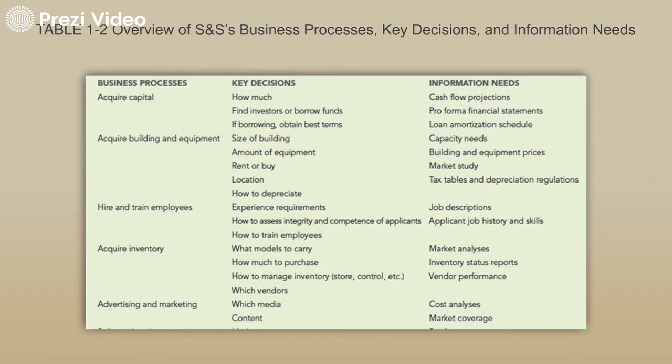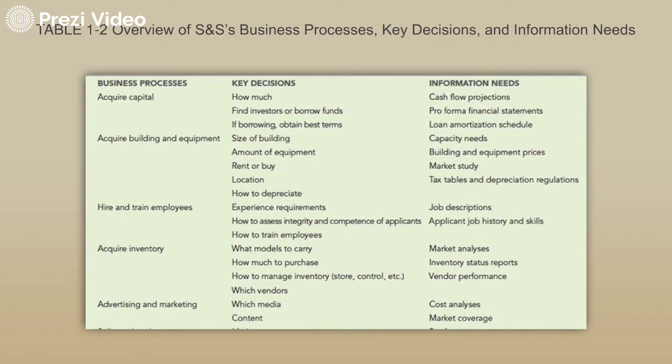For example, I take one example business process here: hire and train employees. The decisions that could be made are the experience requirements. For example, they want to have employees that have experience, and how they are going to assess the integrity and competence of the applicants, and how they are going to train the employees.